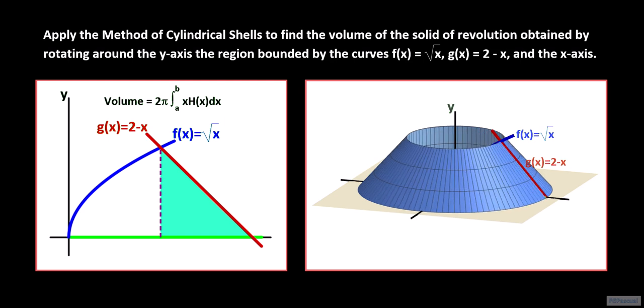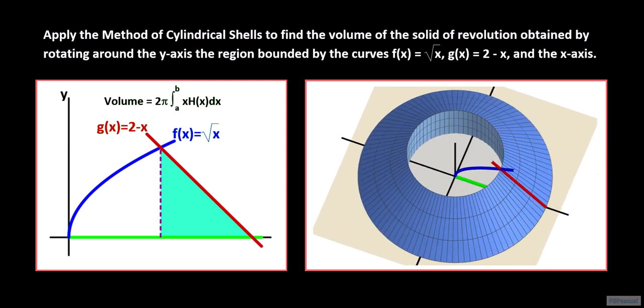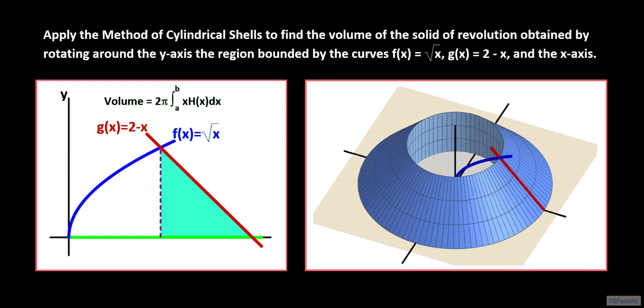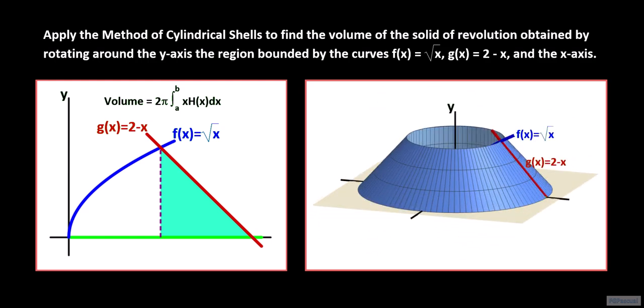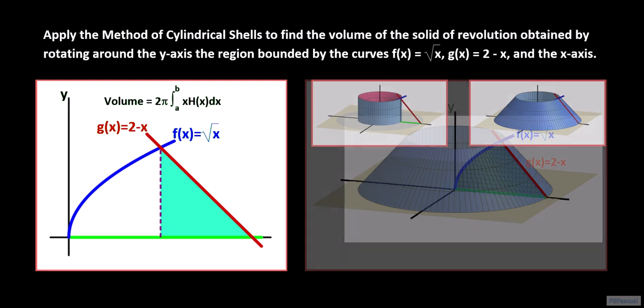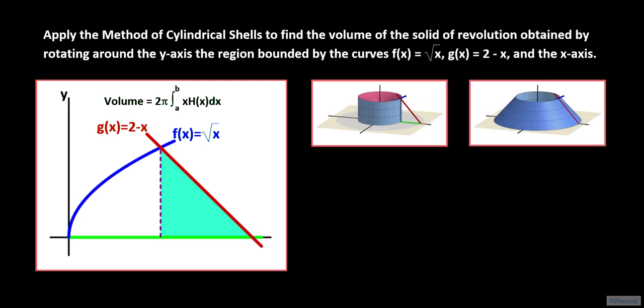This part of the solid of revolution looks like the lower portion of a cone, or what is called a frustum of a cone, with the central core taken out. So we will need 2 integrals, one for each portion of the entire solid of revolution described in the exercise.